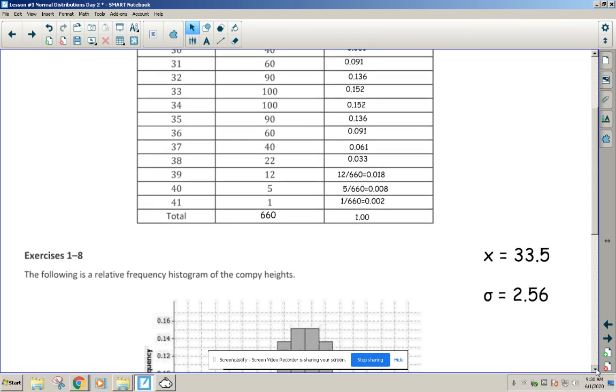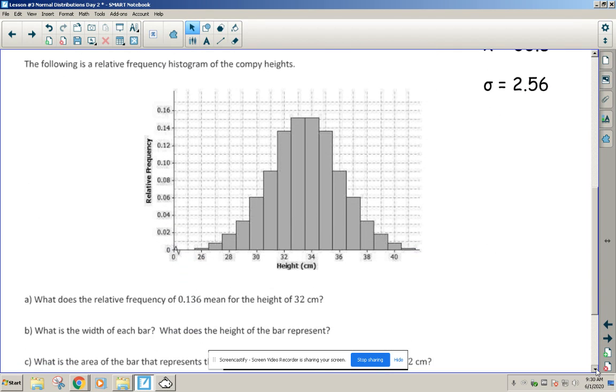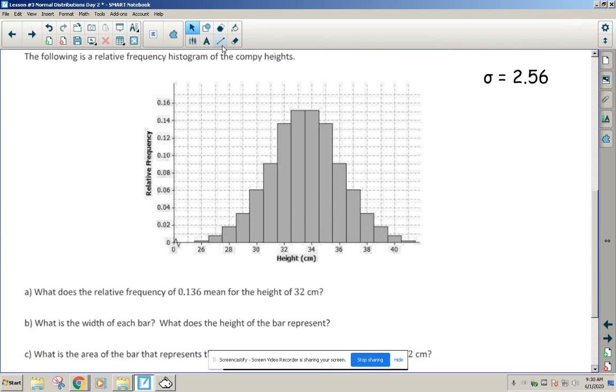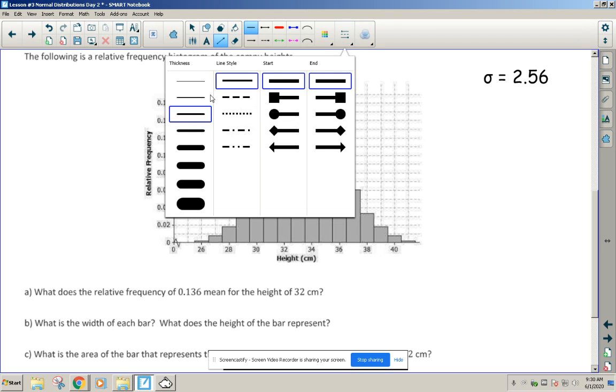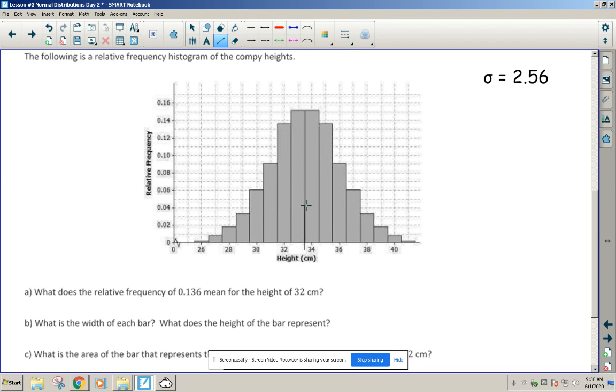So this mean and this standard deviation, if we look up here, let's make this bar a little bit thinner. This mean of 33.5 is roughly around here. So here would be my mean.